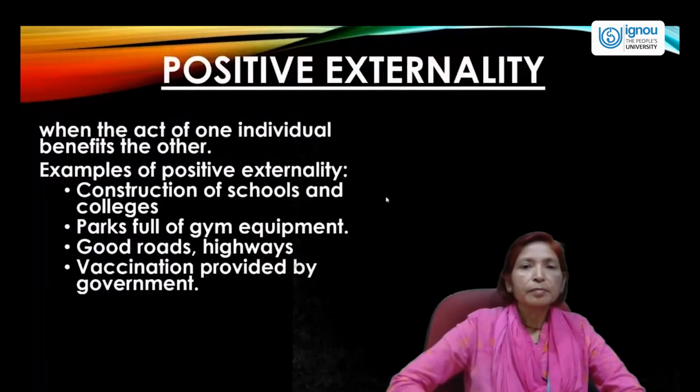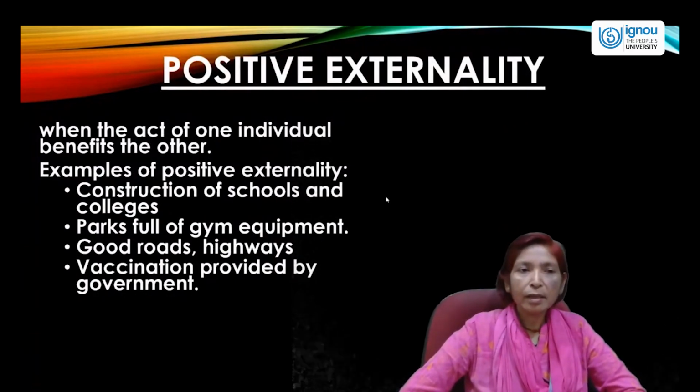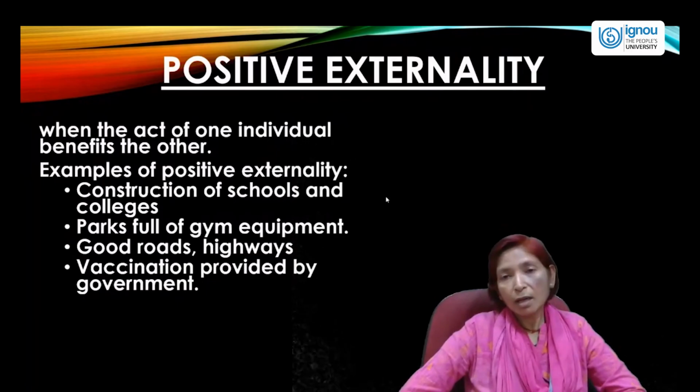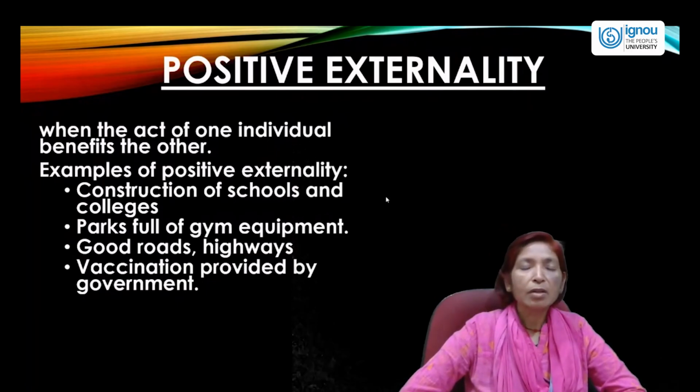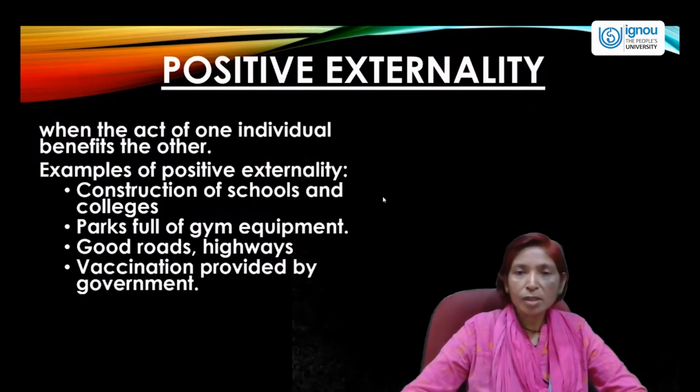Next is positive externality. Now, what is positive externality? Positive externality is when the act of one person gives benefit to others. Examples of positive externalities are the construction of schools and colleges.